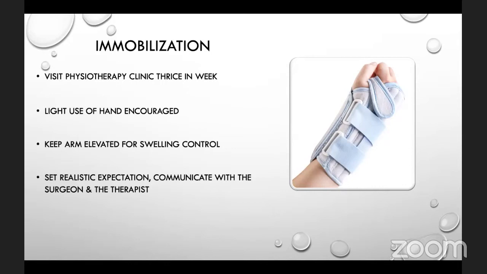He has to keep his arm elevated for swelling control, and set realistic goals and expectations. If he feels any problem or difficulty during the physiotherapy sessions, he needs to communicate with the surgeon and therapist.